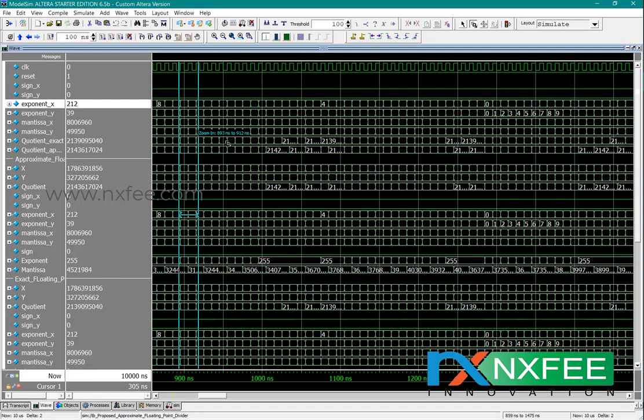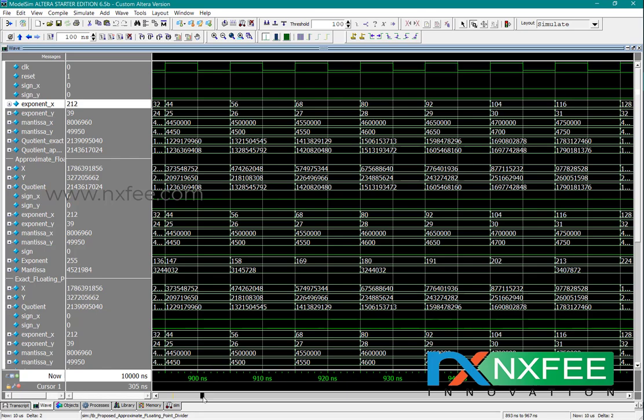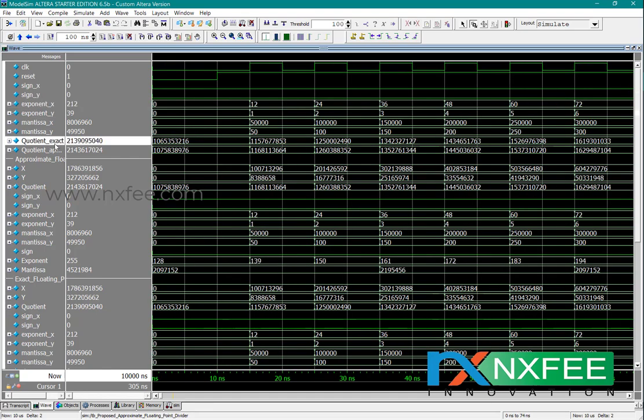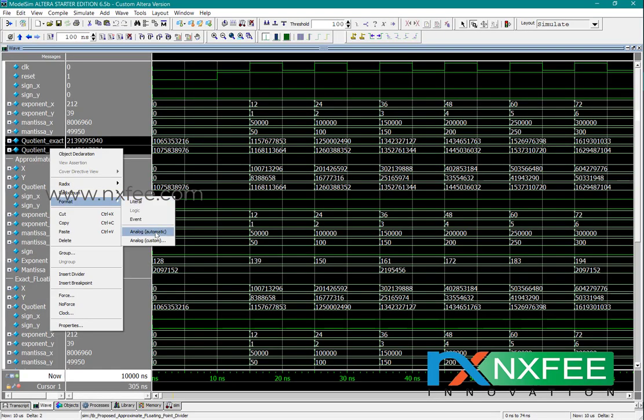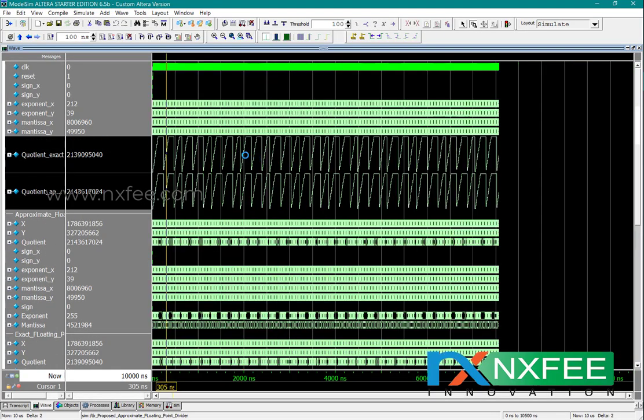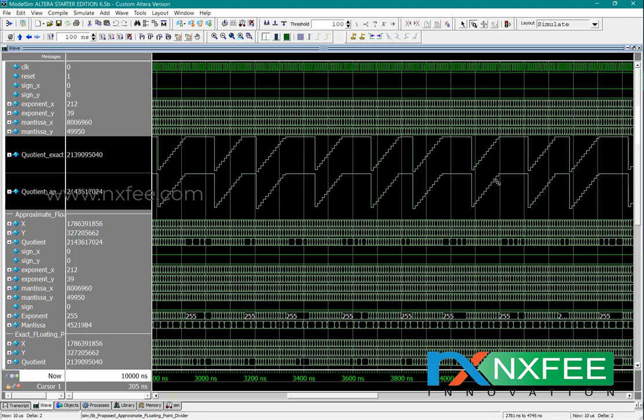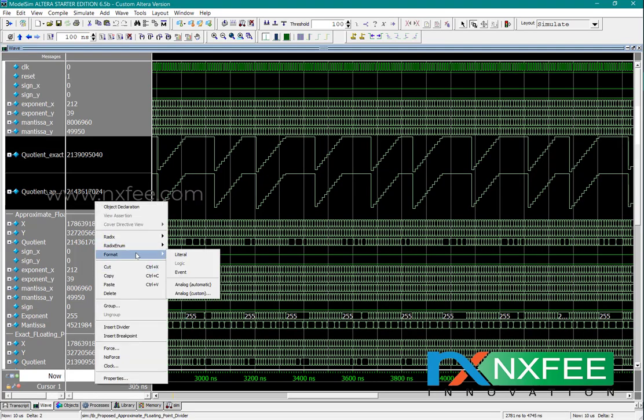Here you can verify the floating point division exact output and approximate output. These are all the inputs: exponent x and exponent y, mantissa x and mantissa y, and sign x and sign y. Here also we can check the exact value and approximate value in the graph, so you can check the pattern.